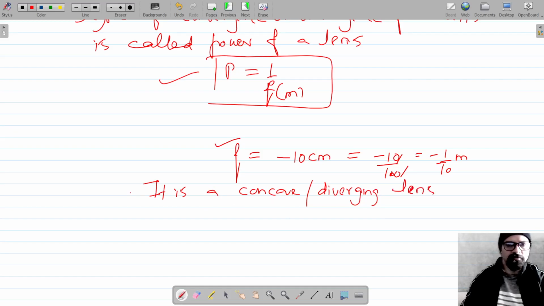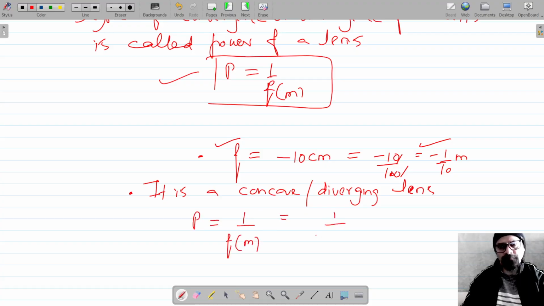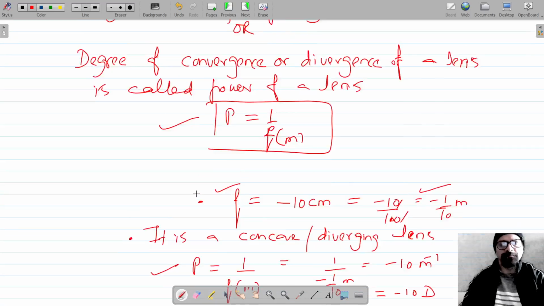Okay, that is the nature. This is the focal length, and we have converted it into meter. Now we have to find the power, which is 1 by F, and F should be in meters. So this is equal to 1 upon negative 1 by 10, that is equal to negative 10 meter inverse, which is called diopter. So negative 10 diopter is the power of the lens.